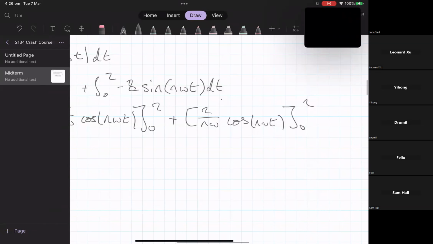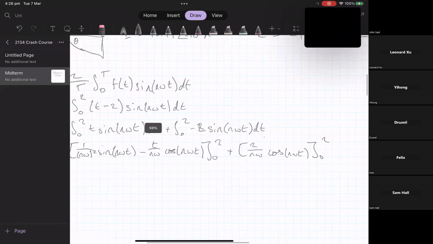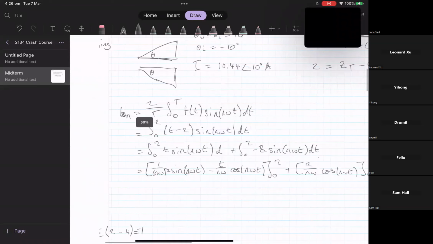It's the integral from 0 to 2 because we are integrating over the entire period here.